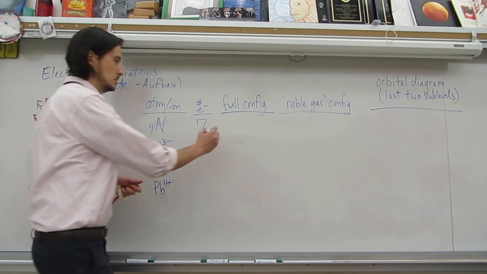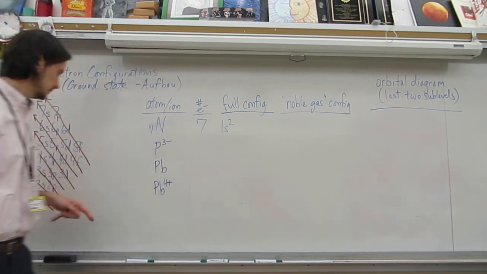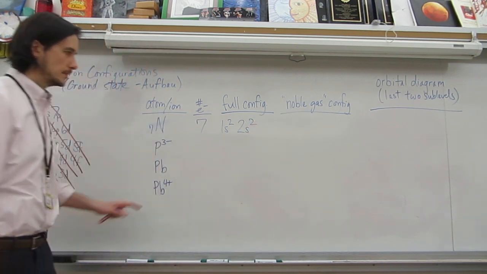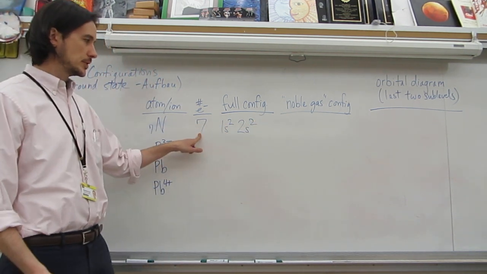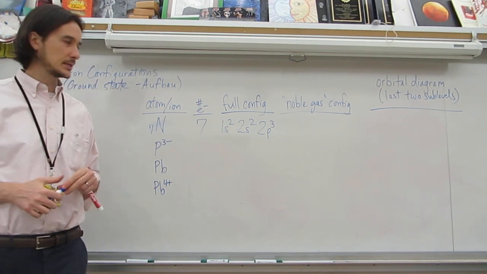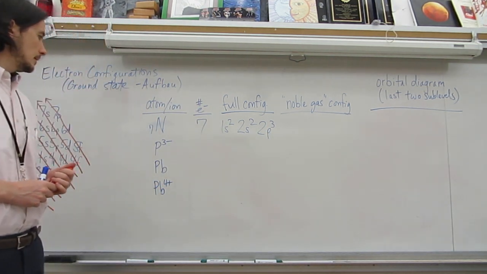So 1s2 gets filled. There's 4 of your electrons, and there's only 3 left. So there's your full electron configuration.